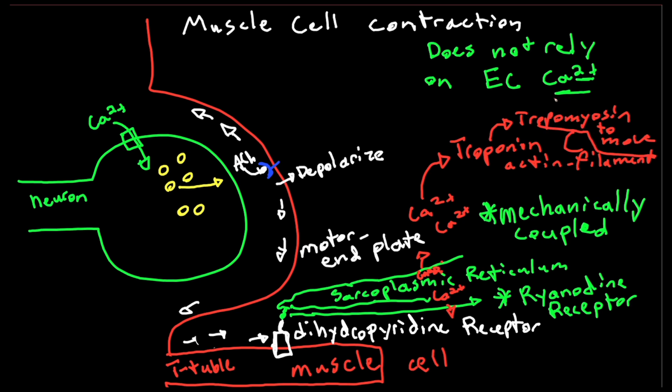The important part about that is tropomyosin is actually blocking the myosin binding site on actin. So once calcium binds to troponin, which induces a conformational change in tropomyosin, then it will move out of the binding site for myosin, allowing the myosin head to bind to actin. Let me erase this here just so I can have a little bit more room.